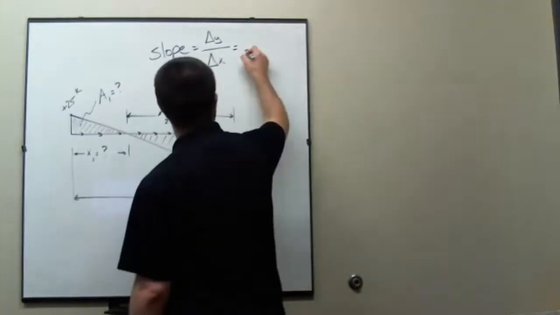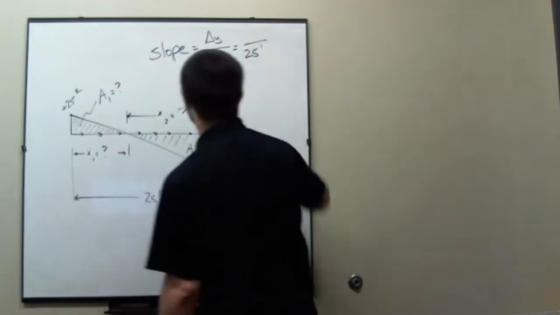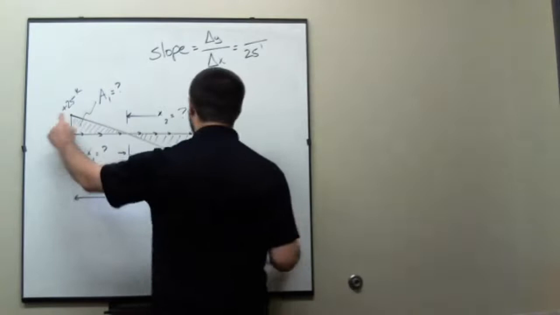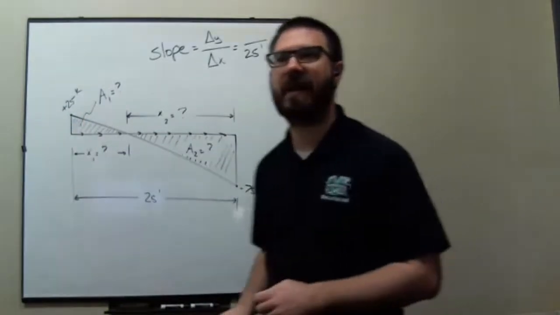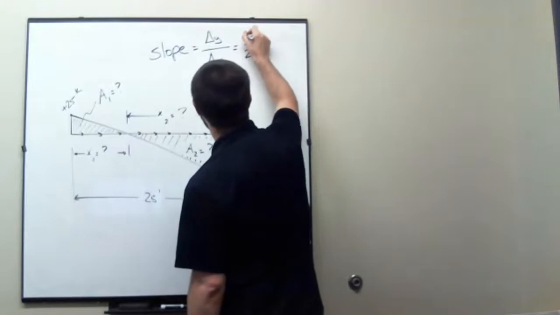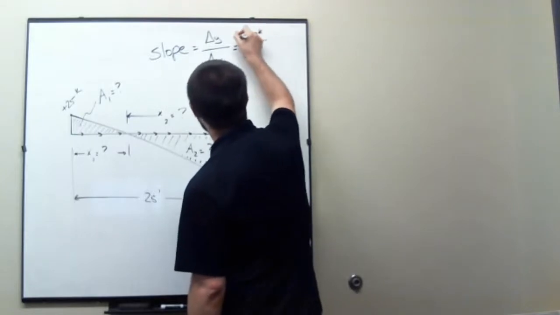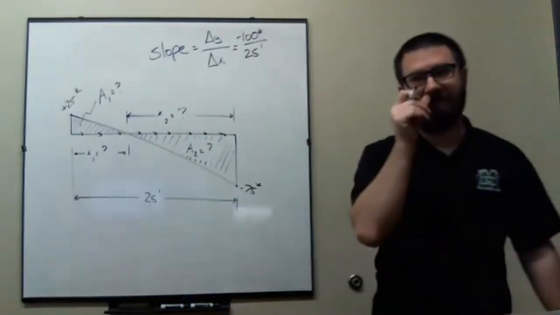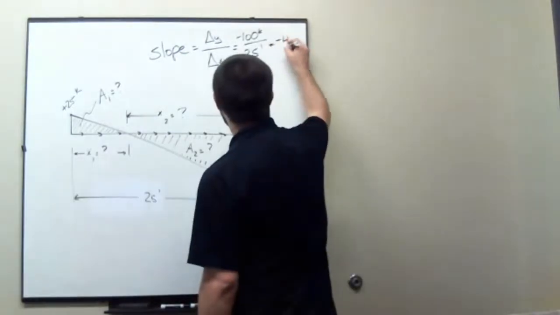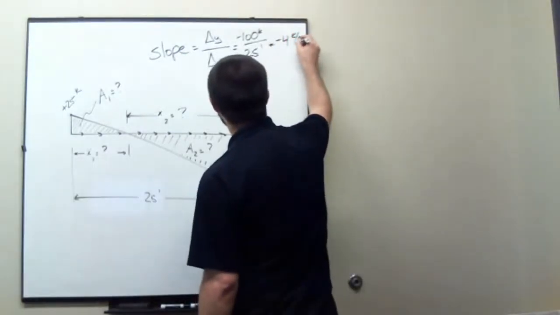So for x, we change 25 feet. And in the y direction, we go from a positive 25 to a -75. So we get a change in 100. So 100 kips. And if I wanted to be technical, I would say that's negative because we're going down. And so this would be -4 kips per foot.